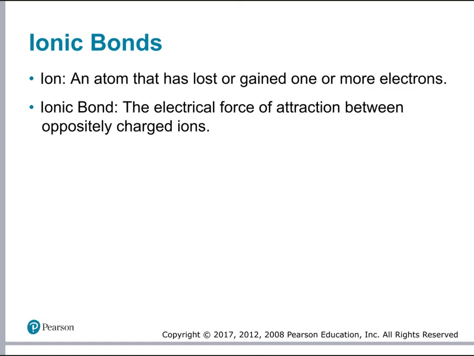Okay, so just to recap, an ion is an atom that has lost or gained one or more electrons. So it's either become negatively charged or positively charged because of the loss or the addition of electrons. Now, when that happens, the atom becomes charged.